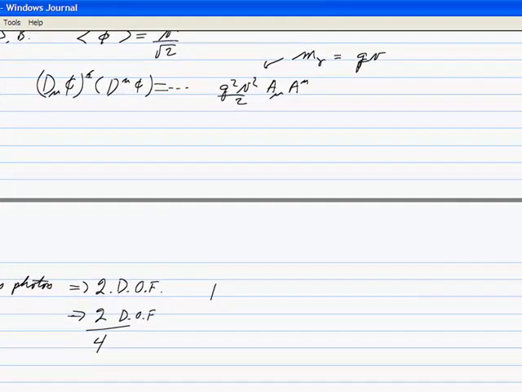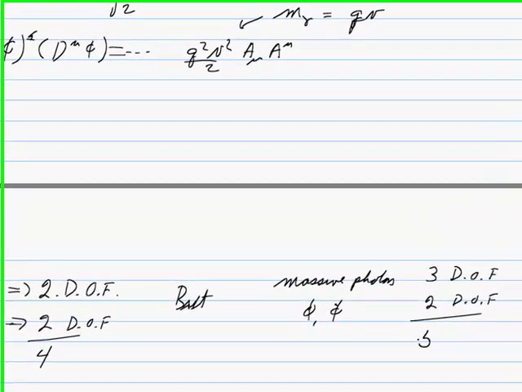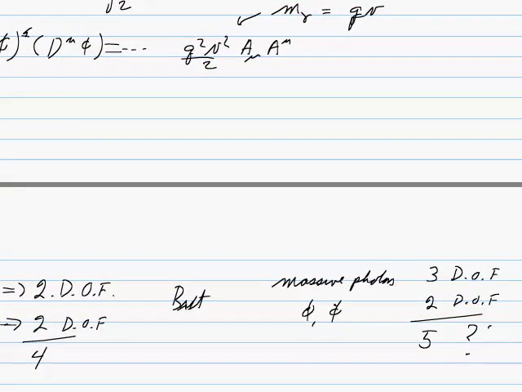And we seem to have, at the end, a massive photon and phi 1, phi 2. So we've suddenly got three polarization states and two scalars. And that adds up to 5, where we put a question mark. Okay.